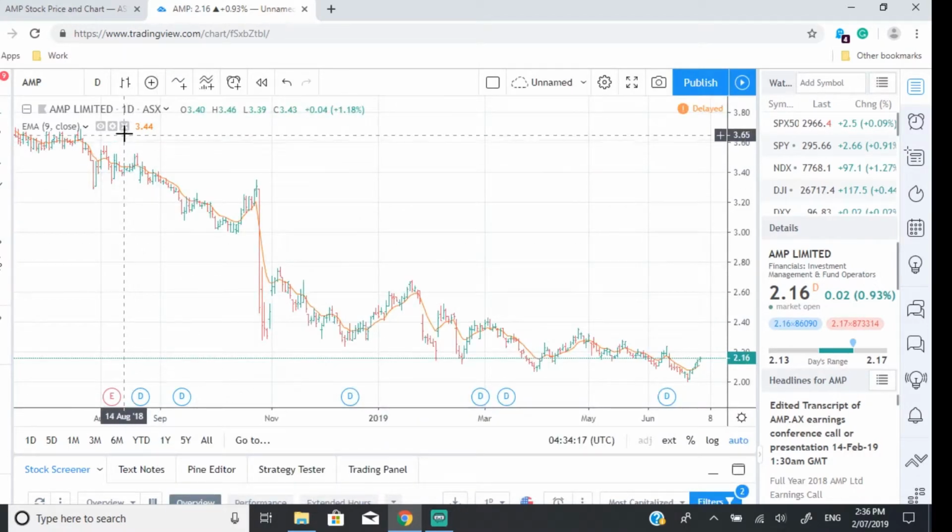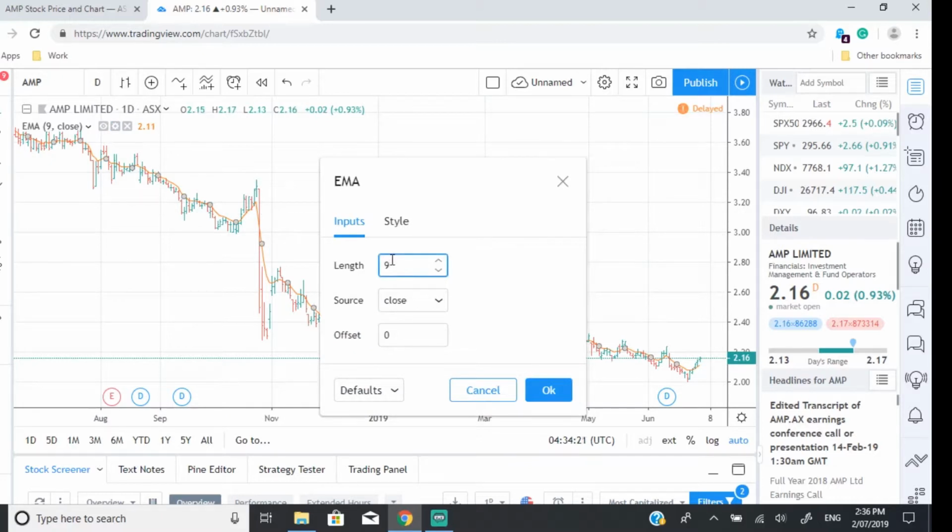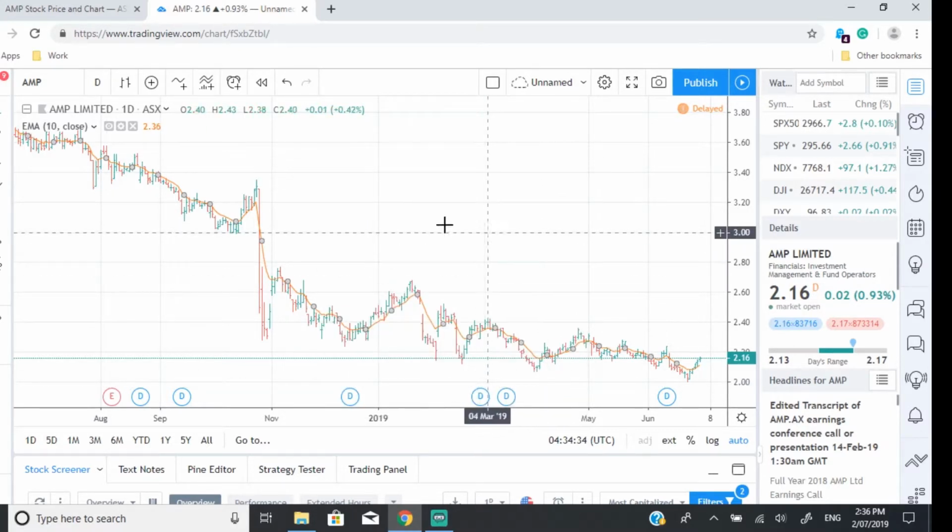I need to then go into this little wheelie thing, change it to 10 because we're doing 10 days. Because it's 5 days per week, 10 days gives us 2 weeks of data. So that's what I would do. I'll click on it. Now I also want to add another one because I want to see the longer trend.